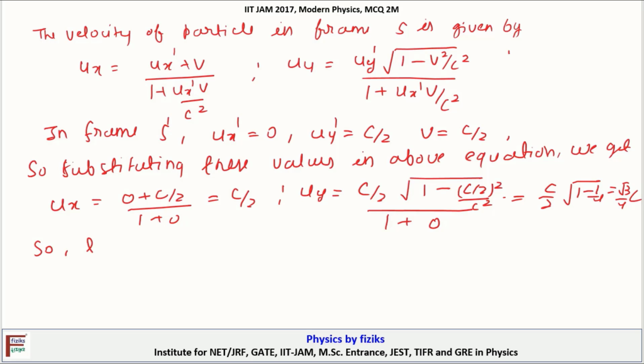So, here you can write the components of velocity.